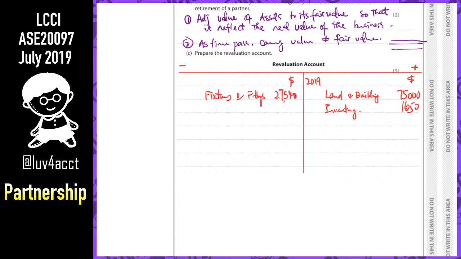So year 2000, we are going to do revaluation on the 1st of May. So we can see that we will have a revaluation gain.